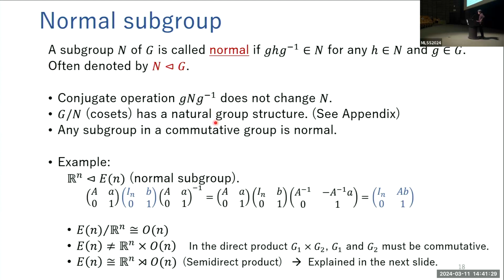I'm not going into the details about this part, but if you take the coset by dividing by N, if you are familiar with the coset, then this can naturally have the group structure again. I will explain it in more detail in the appendix.